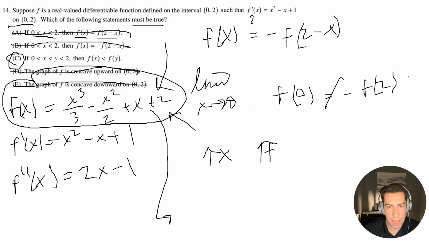So if I have that x is less than y, then it logically follows that f of x is going to be less than f of y, because our function is increasing. Anytime I increase x on this interval, you should expect f to increase. Let me make sure that makes sense. Yep, that's the right answer. It's going to be C.